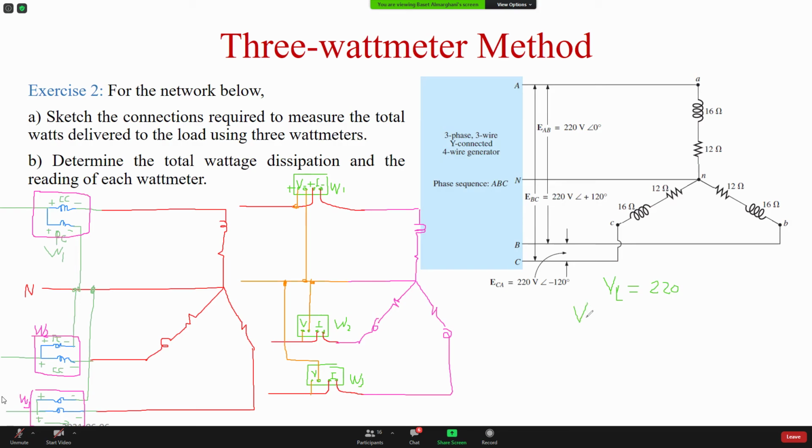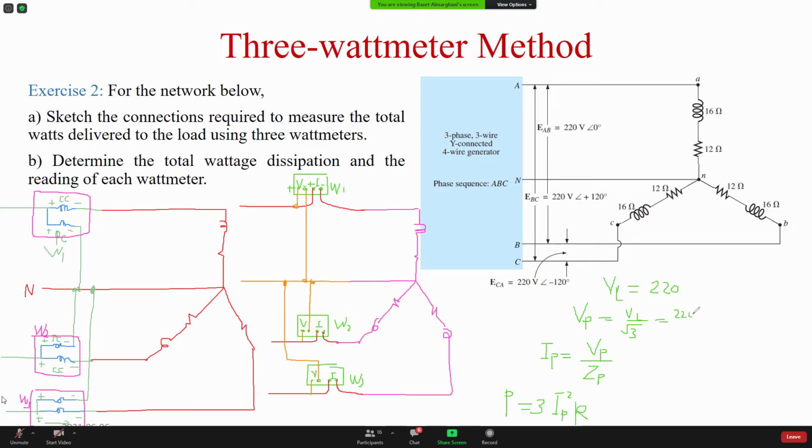Phase voltage, because this is Y connection, it's V line divided by square root of 3. Then I can find phase current, which is the V phase divided by Z per phase. Then I can find P, which is 3, because 3 phase, I phase squared R. This is the procedure.